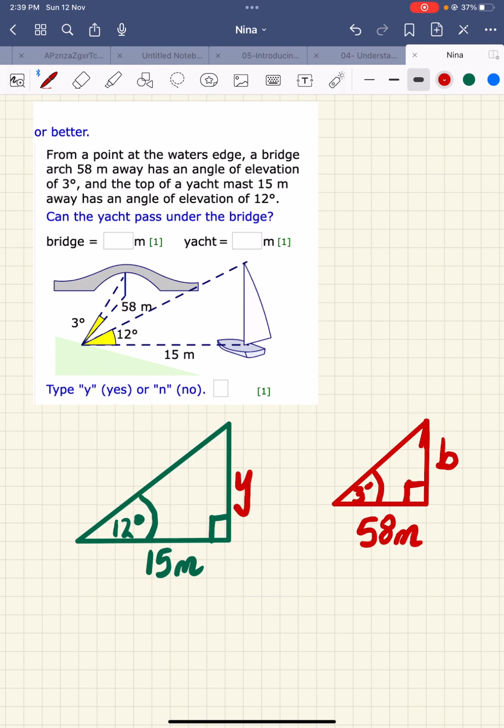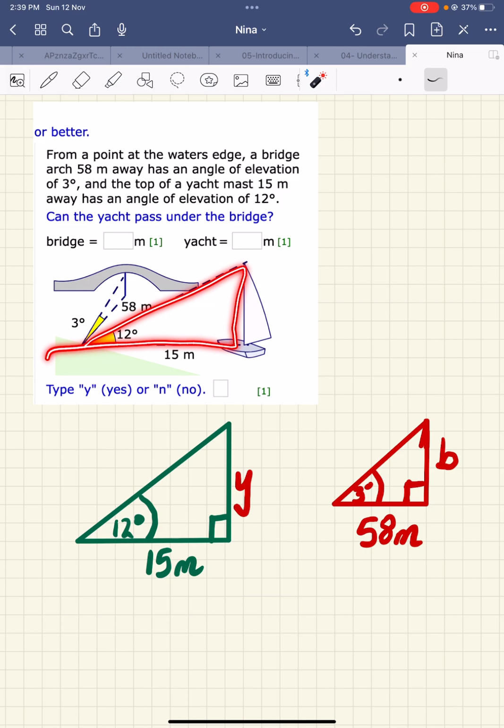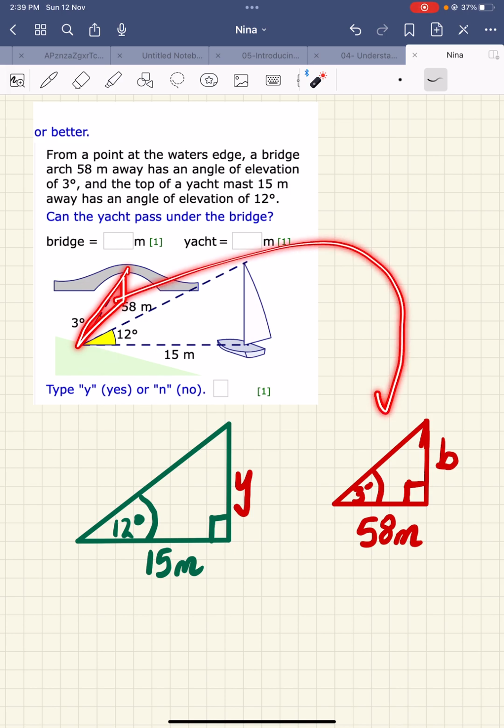So that's it, really. You've got two right angle triangles. The key thing is to get from the complicated picture into the two separate triangles. One right angle triangle here, and then the other right angle triangle is here.